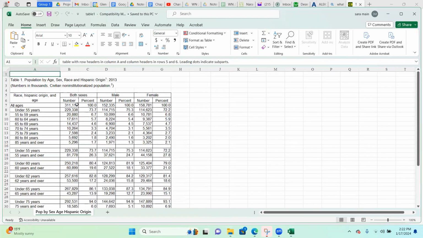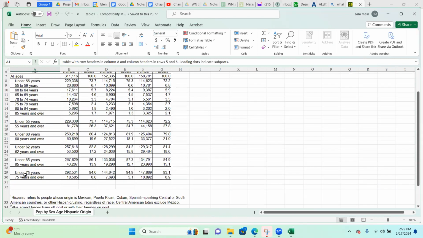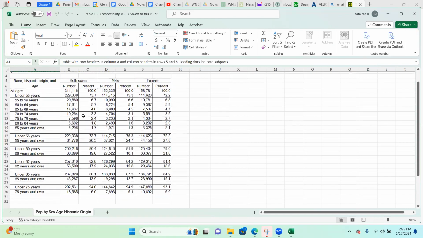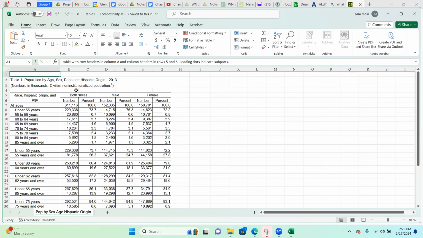So it looks like, let's use both sexes, and it says under 62. Okay. There's a total of 311, and this must be in millions. Numbers in thousands. Okay. So 311,116.